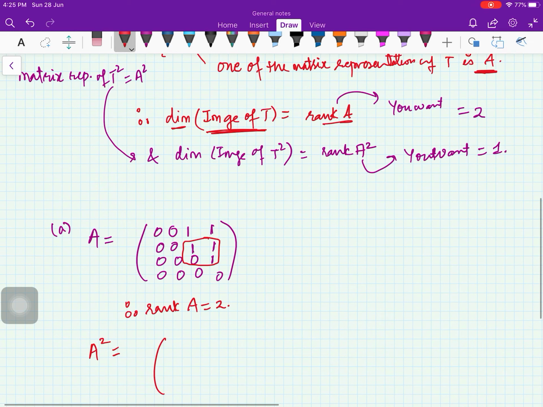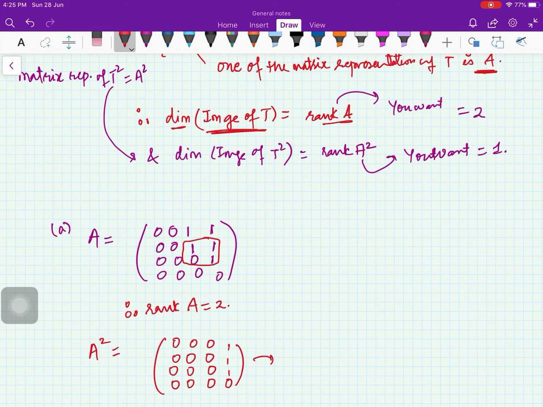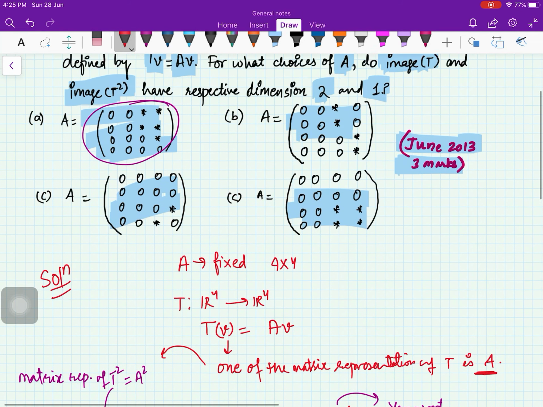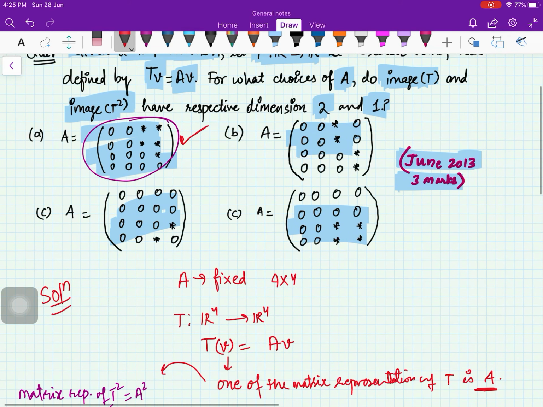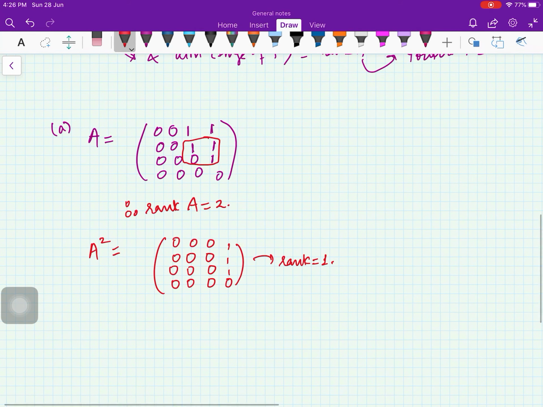If you find the square of this matrix, you can do it yourself, you will get a matrix whose only non-zero entries are 1s. Now clearly here the rank is 1. So this is the correct option. A is the correct option. But there can be more than one correct option, so you have to look at all the options.